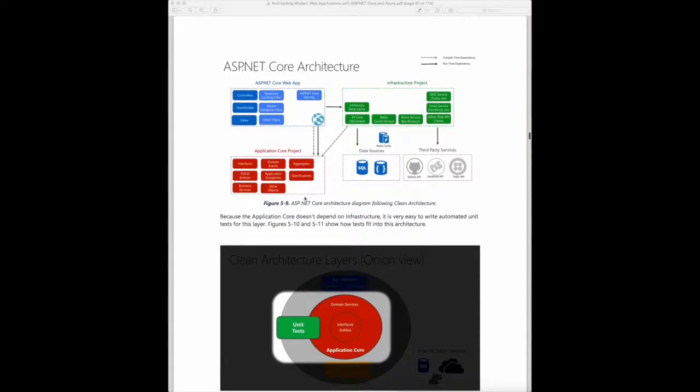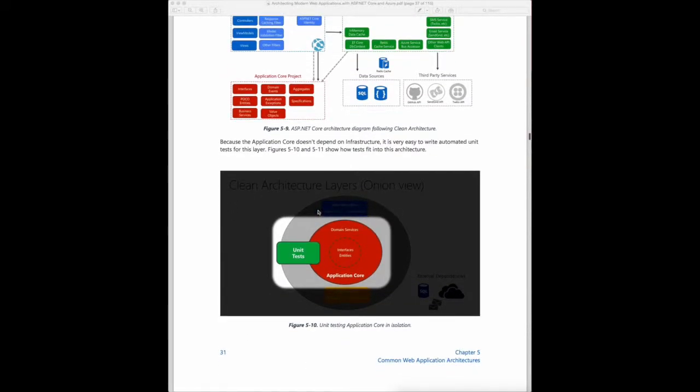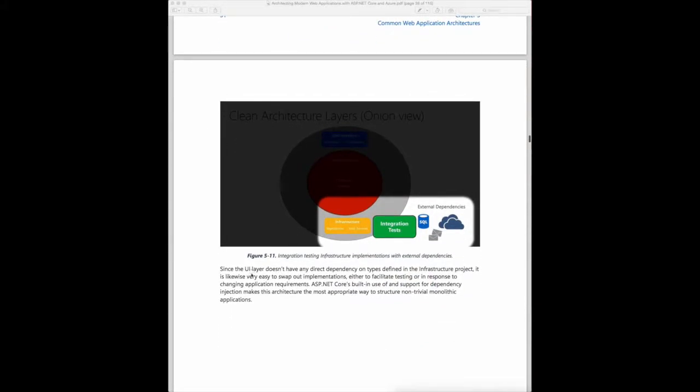And here is the application core project where we have aggregates, interfaces, POCOs, and business services. So we can see the application core does not depend on the infrastructure.